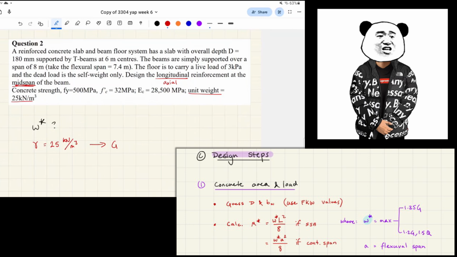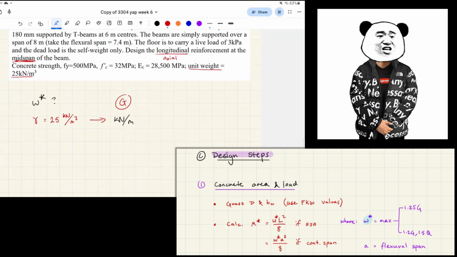Okay, but how do we convert it? Because normally we want dead load in kilonewtons per meter, right? So what do we need to do to convert it to dead load? The area. Yeah, good. How do we get the area?